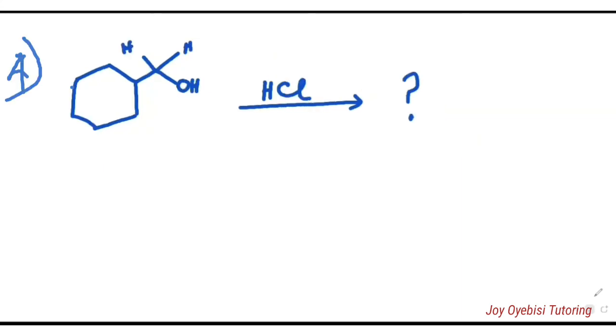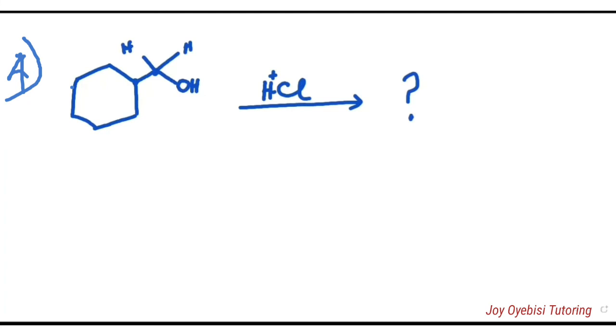And then for this other one, we have here a primary alcohol. So this is your carbon bearing the OH and is attached to only one more carbon. So this is the primary alcohol, and this already tells us that this is going to be SN2 reaction. Okay, so the first step would then be we have the positive end.